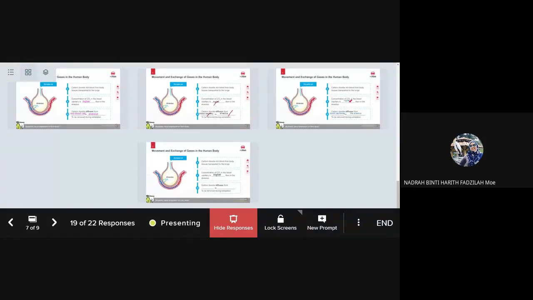Sama juga when you write oxygen plus hemoglobin form oxyhemoglobin and then ada arrow kiri kanan tu kan. Itu adalah word equation juga.